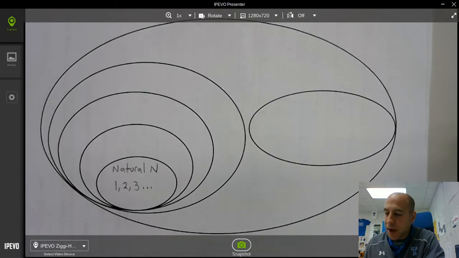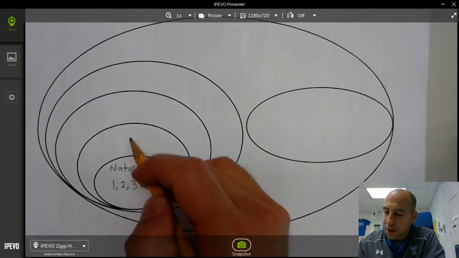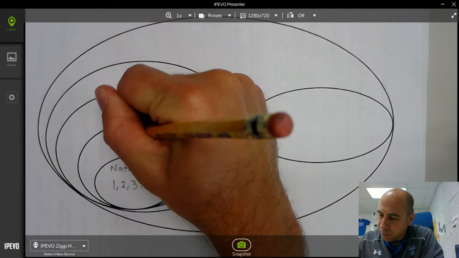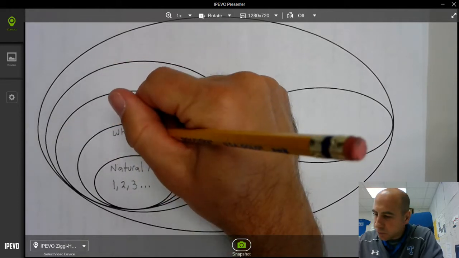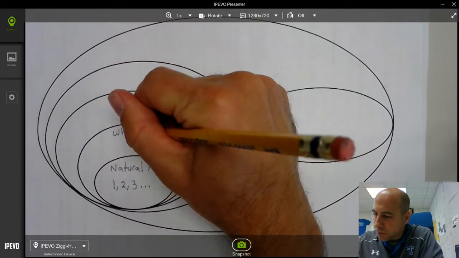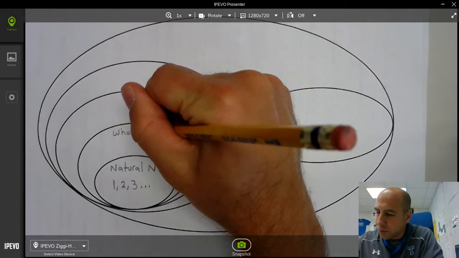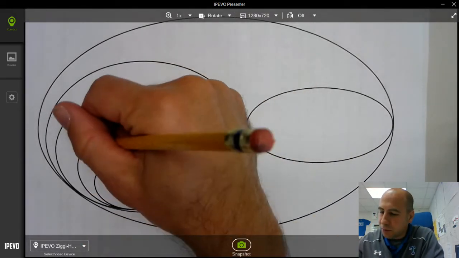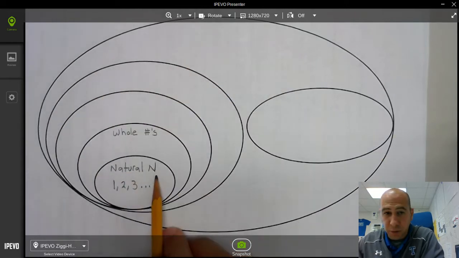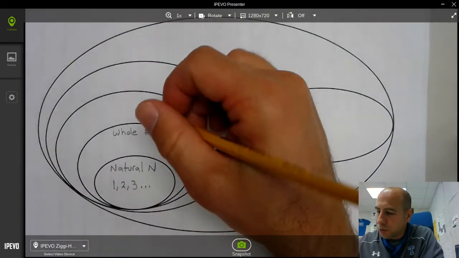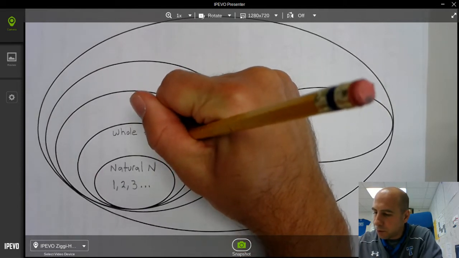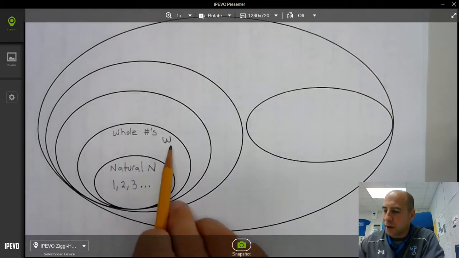Now, the next, and you'll notice that natural numbers are inside of whole numbers, and that's how this works. I'm just going to use a number symbol. Whole numbers are written with the letter W. Notice how for natural numbers you use the letter N. Well, for whole numbers you use the letter W. So if you write W, you're saying that's whole numbers.